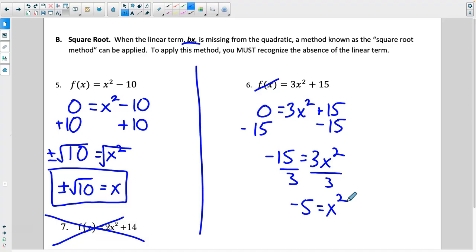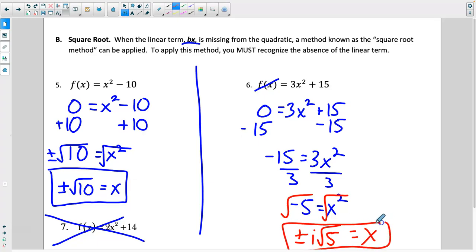Most of us are pretty good until we get to there. Okay? And that's good. We should be around there. I take the square root, what happens? You gotta do an imaginary. Yeah. So this is gonna be plus or minus i square root of 5, which is equal to x. And so that is the answer. What questions do we have?